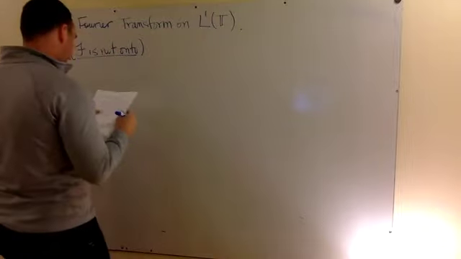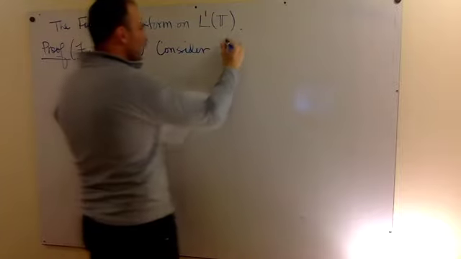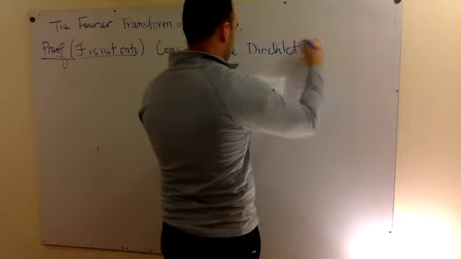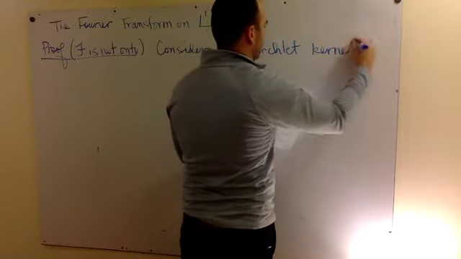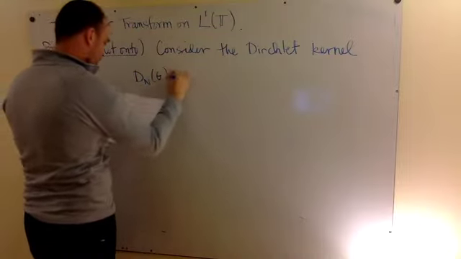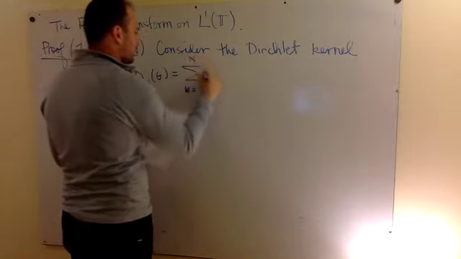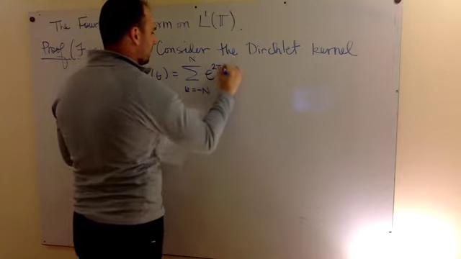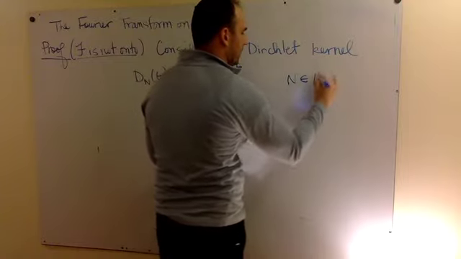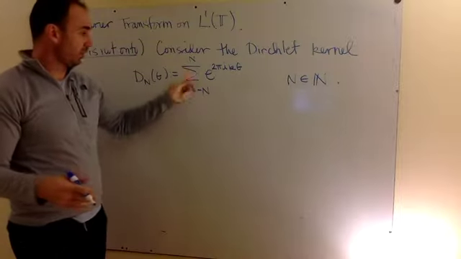Well, first off, consider what we call the Dirichlet kernel. And so this is D_n of theta, like this. Okay? So, first off, this thing is a trig polynomial.